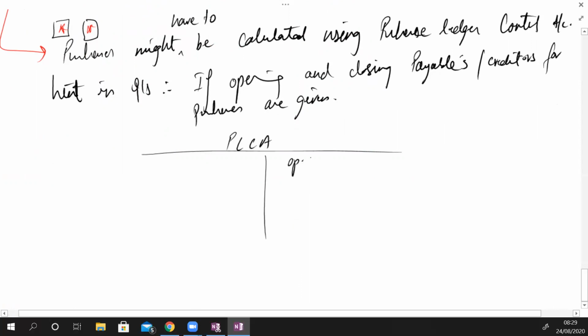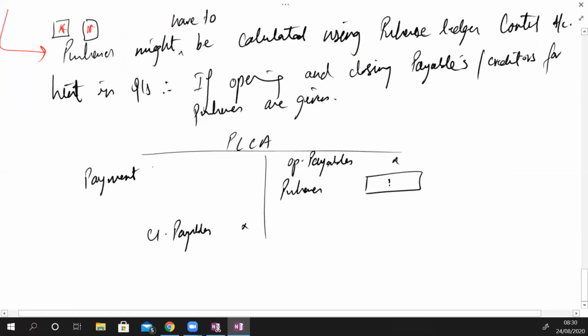PLCA: opening payables, closing payables, purchases, this is what you have to calculate. Payment to supplier.